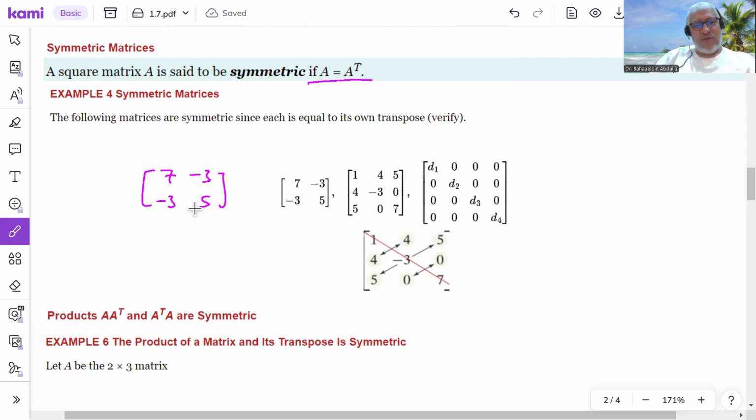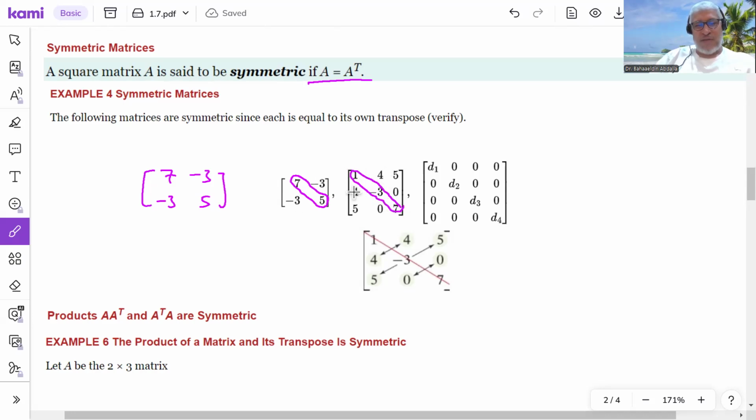How to figure this out without finding AT, the transpose? Well, forget about the entries on the main diagonal. Look at the entries here. Negative 3 and negative 3, these two should be equal. Here, for example, forget about the main diagonal.